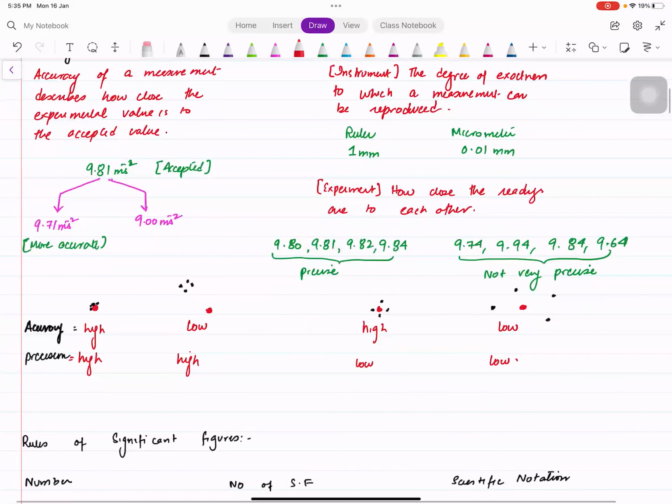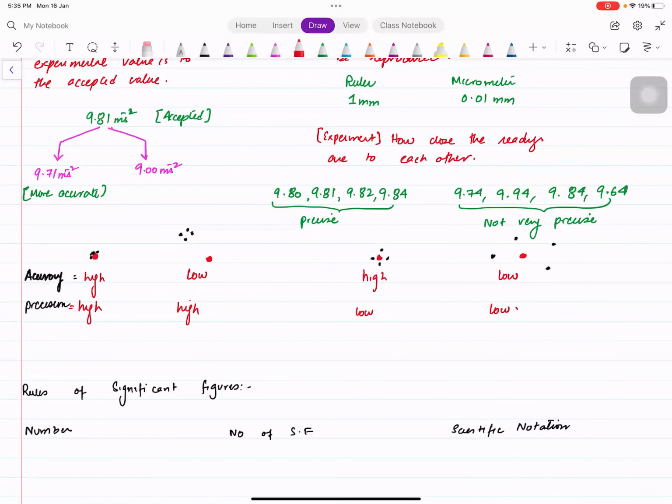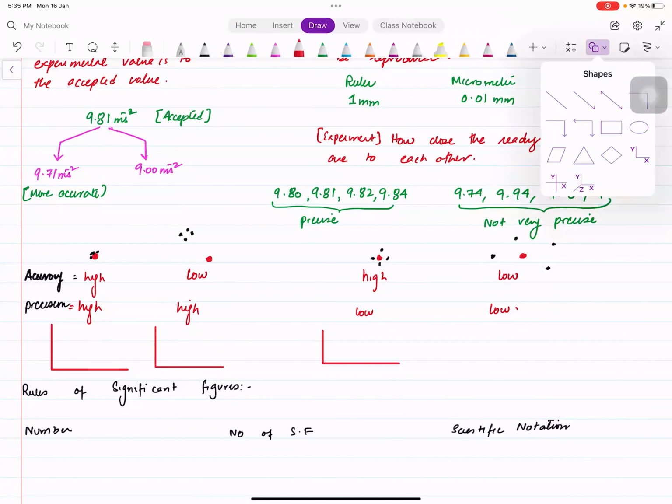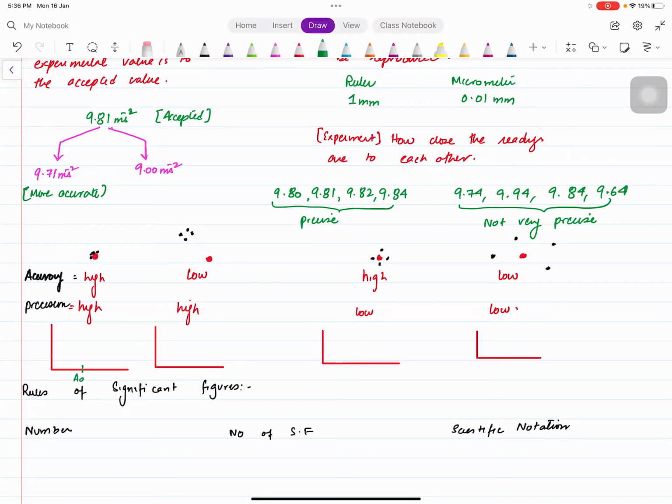Now, I just want to tell you that when you make a graph of these situations of different trials, for the first one, if this is the accepted value, then the graph would seem like this.